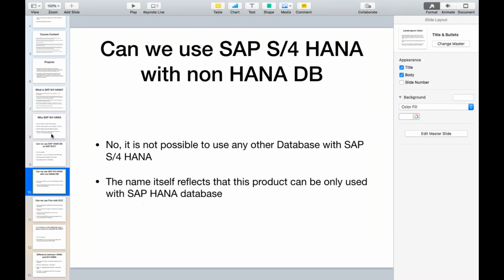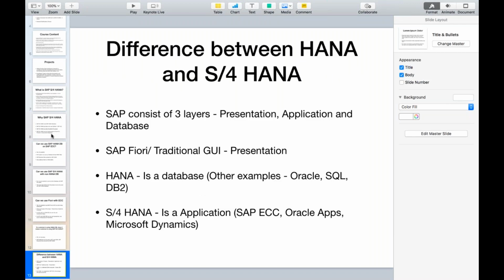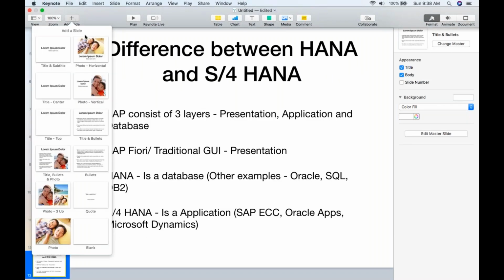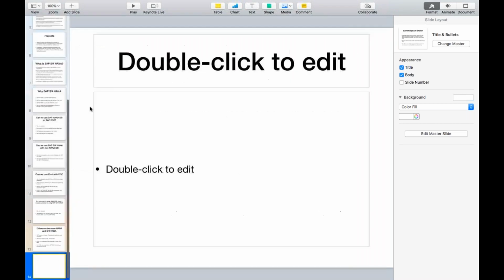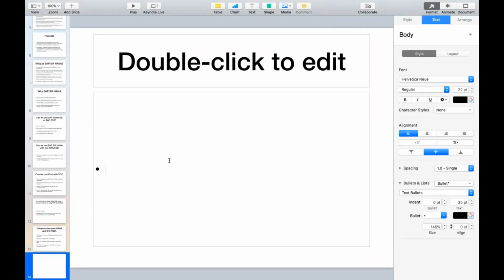What we are going to discuss today is, let me first note down the things that we are going to talk about today. Number one, we are going to understand the HANA features. At the end of this session, you should be very clear what is in-memory. You should be very clear what is column-based data storage, right?